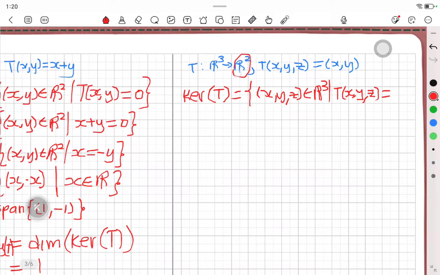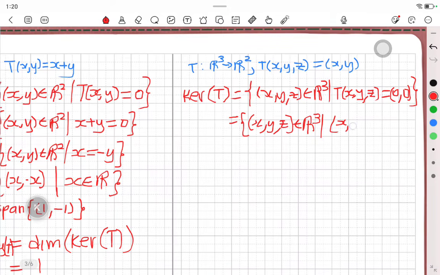The 0 must come from this 2D space, so it's going to be 2 zeros. So we have x, y, z an element of R3, such that T of x, y, z, which is x, y, is equal to 0, 0.